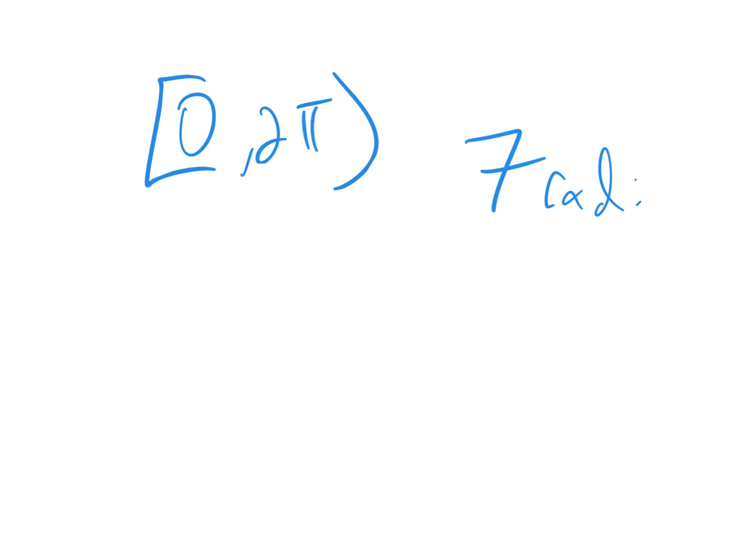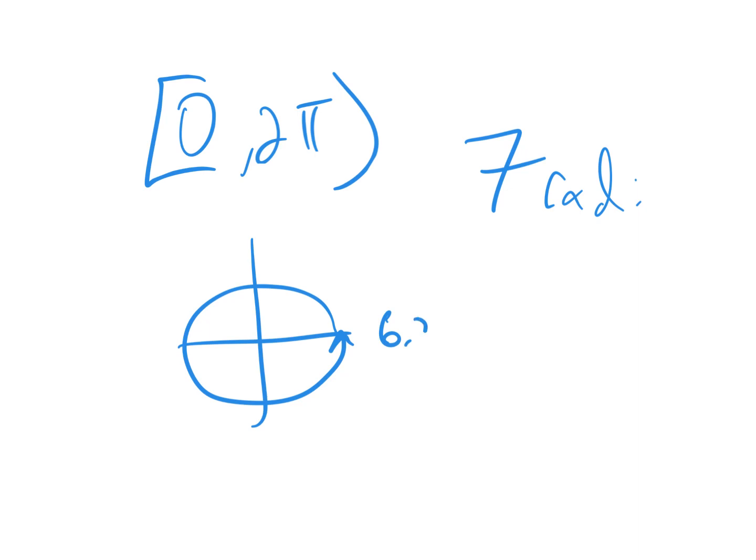Well, I know there's no pi. This is not in terms of pi, so what this is asking me is, where does 7 radians fall on the unit circle? Well, 2 pi radians is the same thing as 6.28 with a bunch more decimal places. That tells me 7 radians will be a little bit beyond that. So all you have to do is 7 minus 6.28, and yes, you grab a calculator.